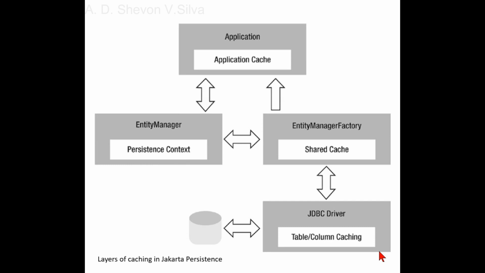To see how the various levels of cache in the system get accessed during the course of typical operation, let us trace a find request for the employee with ID 100.